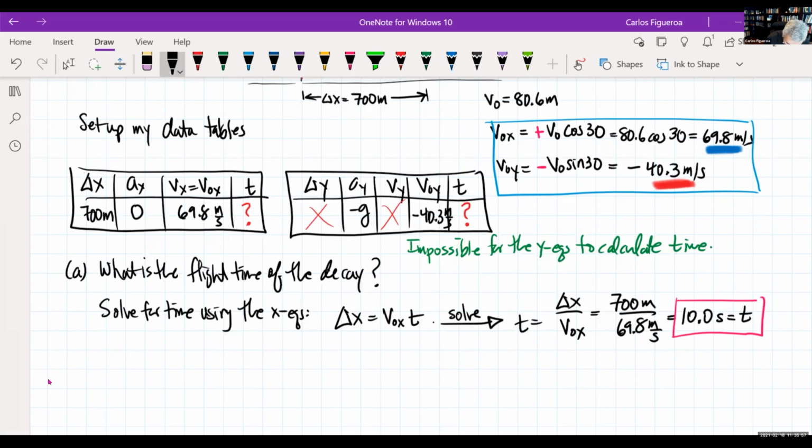So the second part of the question, if I remember correctly, they're asking at what height was the decoy dropped from.